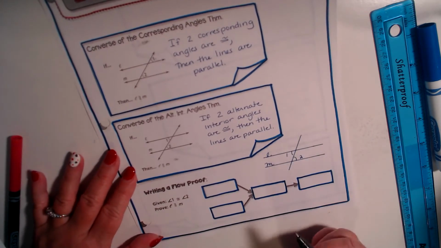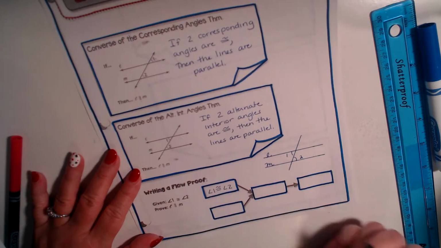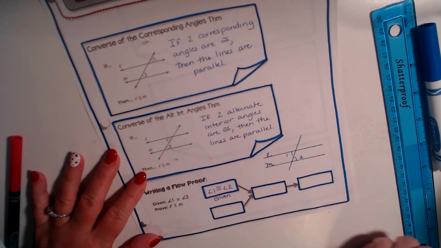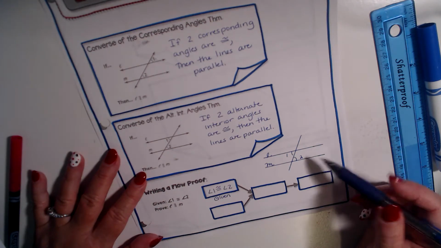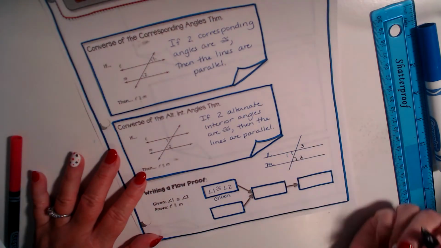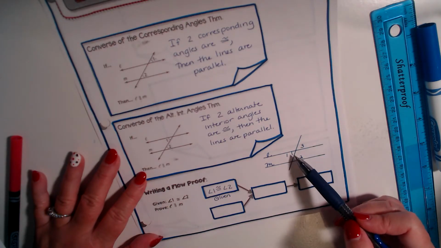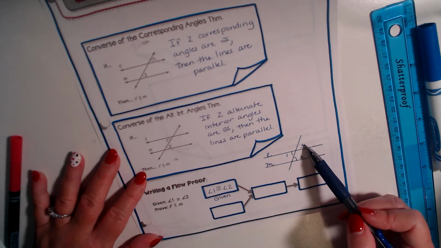We have a given of angle 1 is congruent to angle 2. So we write that inside the box, and then underneath it, we write given. Okay, now let's go look at our diagram. Over here with our diagram, we have angle 1 and 2, which are congruent, but we also have angle 1 and 3.